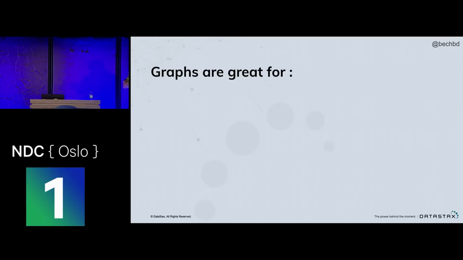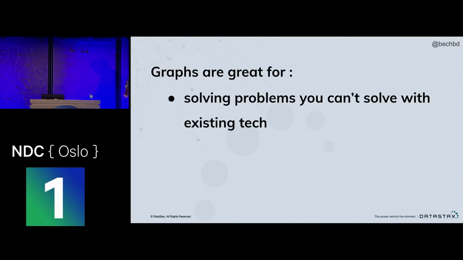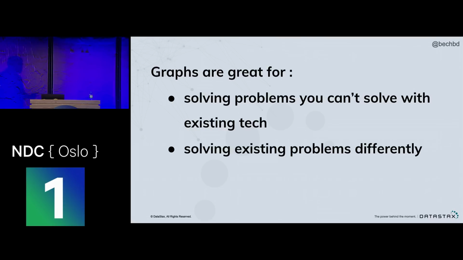So, kind of conclusions. I think graphs are great for two main reasons. First one is they're great for solving problems you can't necessarily solve with existing tech. This is the river crossing problem. These are the sorts of constraint optimization problems that you can't easily do with existing tech that stands out there today. The second one is to be able to solve problems you can solve today, but differently and maybe more optimally.